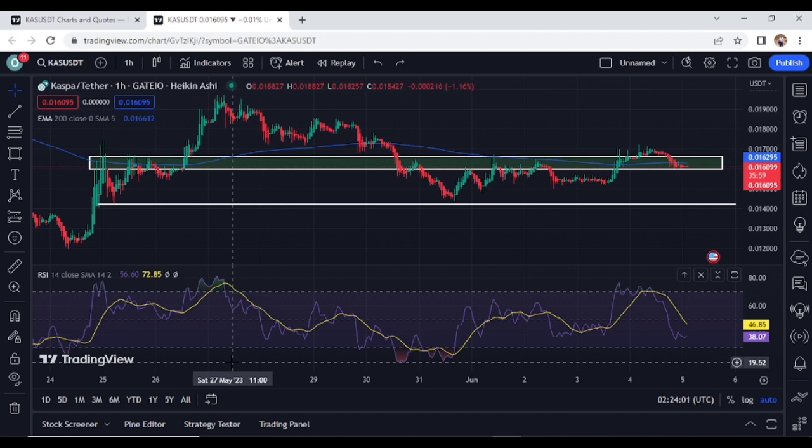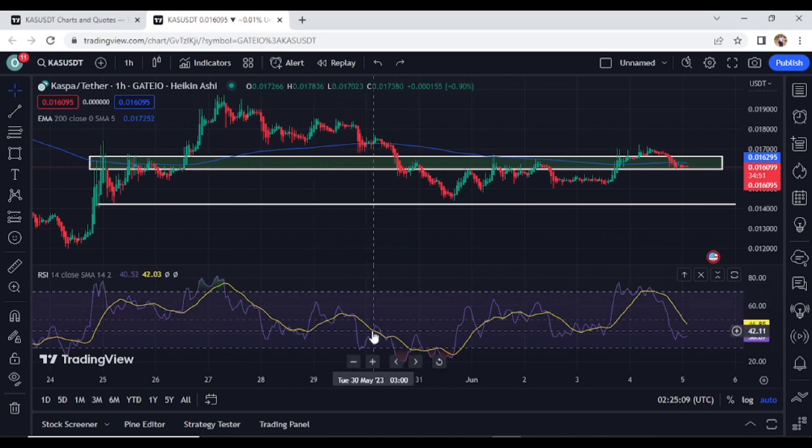In a few minutes, I'll be giving you today's price update and prediction on the price of Kaspa coin. Although we do not have any major news within the ecosystem that we can hold on to and say this particular news or update can influence the price of the coin either positively or negatively, we can point out some significant things that would probably be happening on the price of this coin using the chart pattern and some technical indicators.